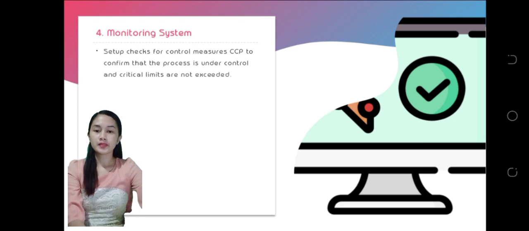Monitoring system sets up checks for control measures (CCP) to confirm that the process is under control and critical limits are not exceeded. So, businesses in the food service industry may track the history of each item and spot problems before they cause anyone to become ill by implementing temperature monitoring and best practices to prevent contamination.